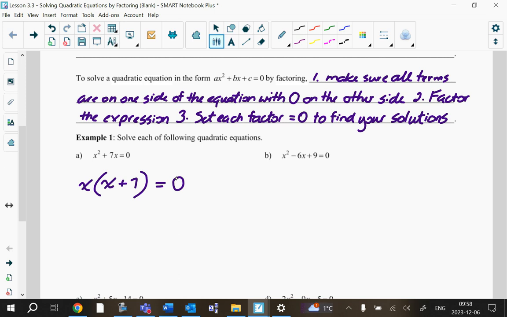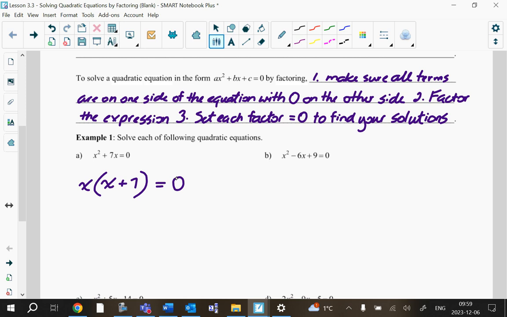Now remember the zero product property. If we multiply two things together and get 0 as an answer, then one of those things must be 0. Which means this could be 0, because 0 times whatever this is 0. And whatever makes this 0, times this will also be 0.